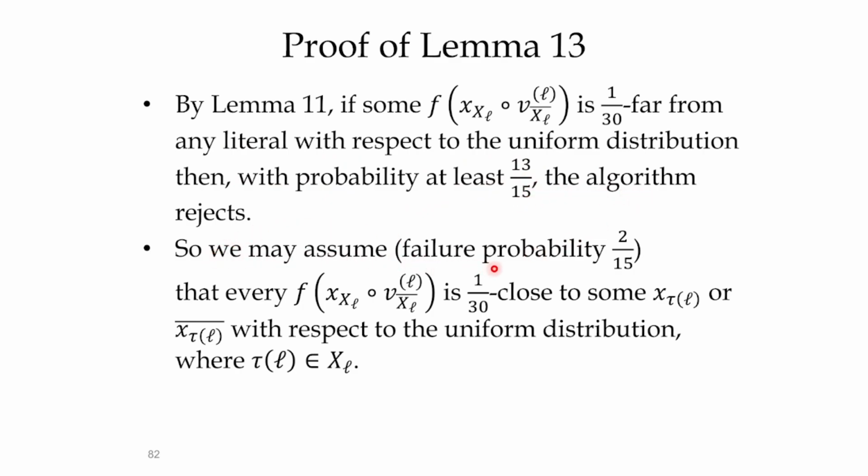So we may assume a failure probability of 2 divided by 15. And we may assume that every f on that stuff is 1 divided by 30 close to some x star of L, or some x star of L bar, which is the opposite of it, with respect to the uniform distribution, where tau of L is in capital X L.